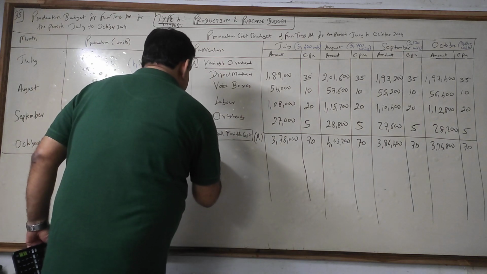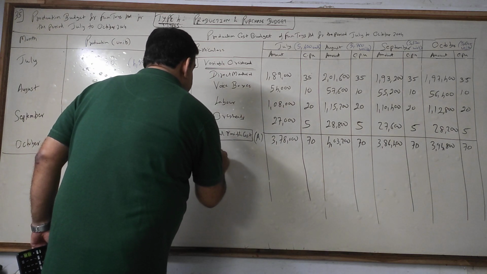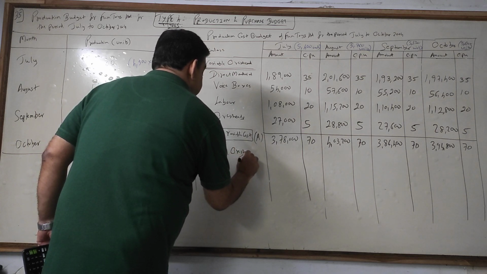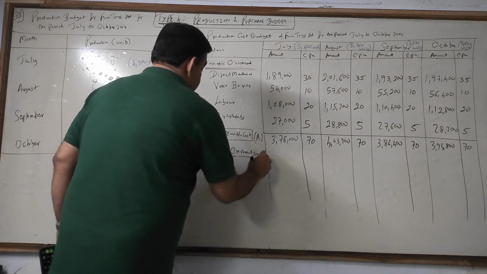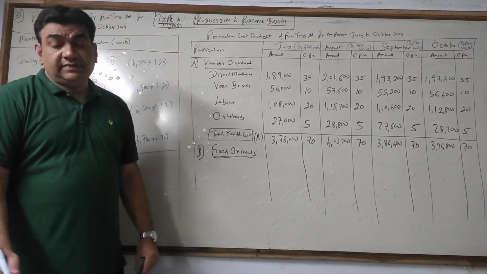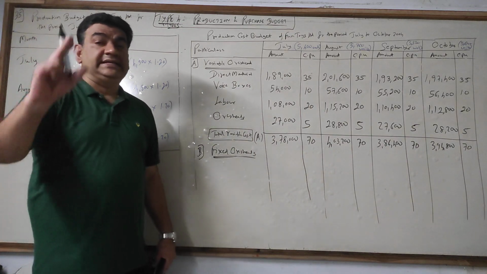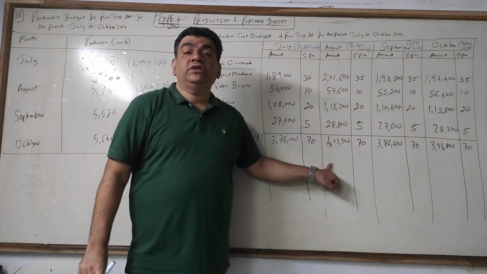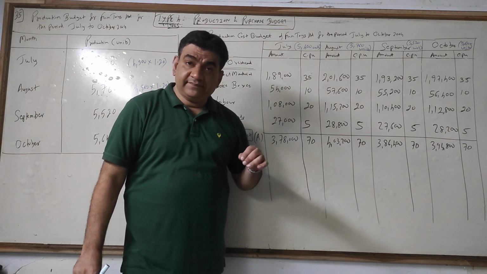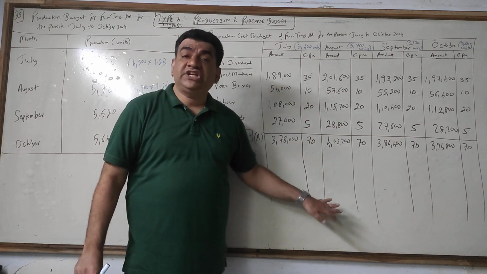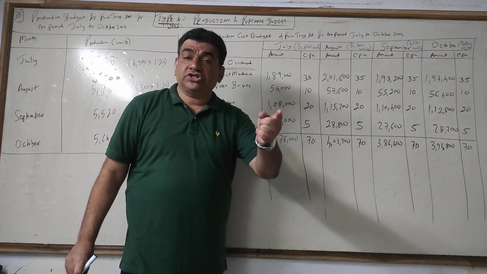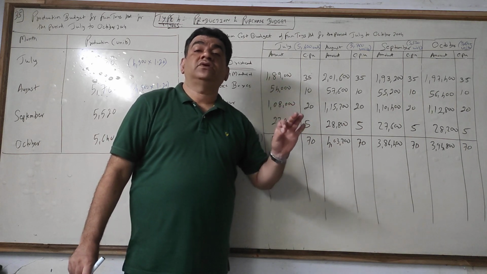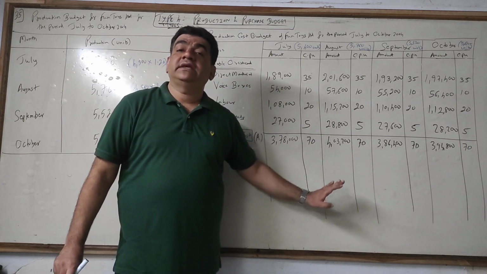This was variable. Now we take the second part, B, that is fixed overheads. They have not given any breakup, they have just mentioned fixed overheads. Again I repeat, variable cost per unit remains the same, total amount will change. Fixed cost, total amount will remain the same, per unit will keep on changing.